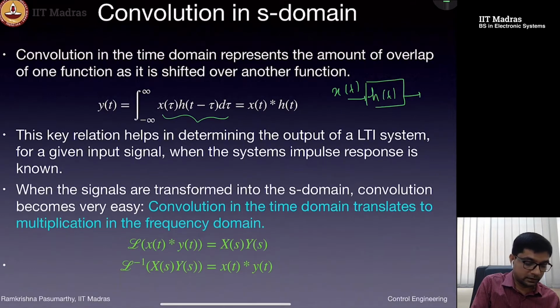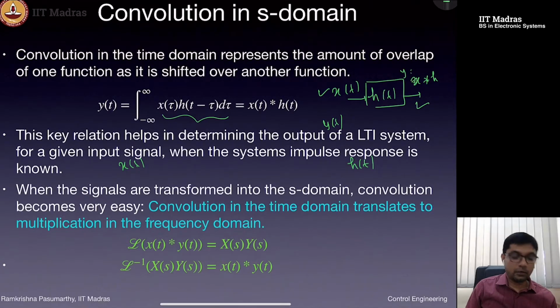So this was the convolution of x with h, if I call this the output. Of course, this is a key relation that helps in determining the output of an LTI system, given a certain input signal x of t, when the impulse response of the system is known. And then we were supposed to compute this integral here.